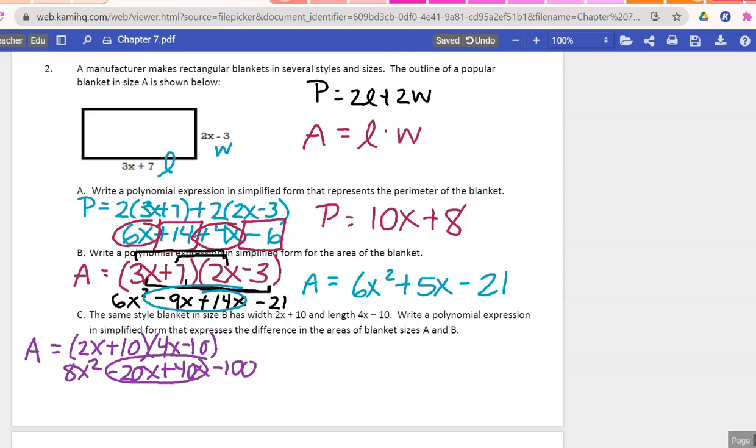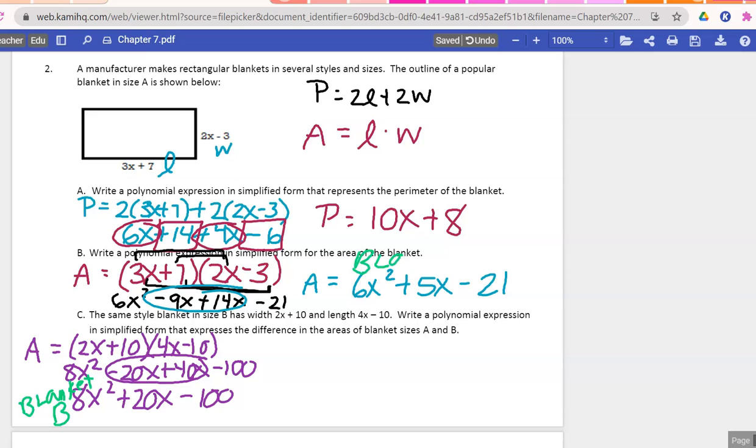Combine your like terms in the middle. Now you have 8x squared plus 20x minus 100. So that is your area for the blanket in size B.